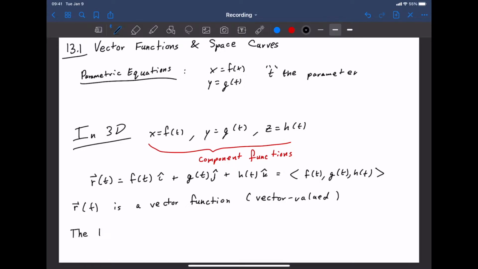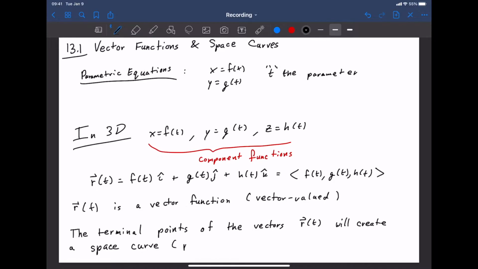To put a fine point on it, the terminal points of the vectors r of t, like once we graph all of the vectors, so to speak, of this vector valued function, their terminal points will create a space curve, which is really just a path through space. I'm going to warn you right now, it's not really a surface.